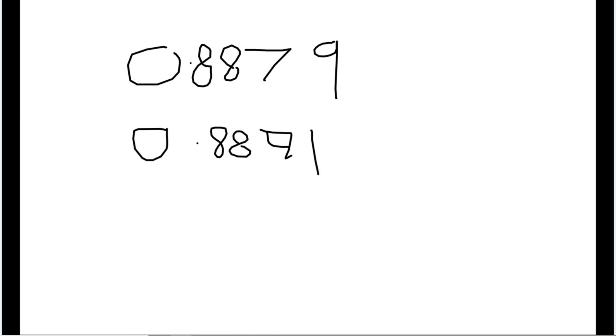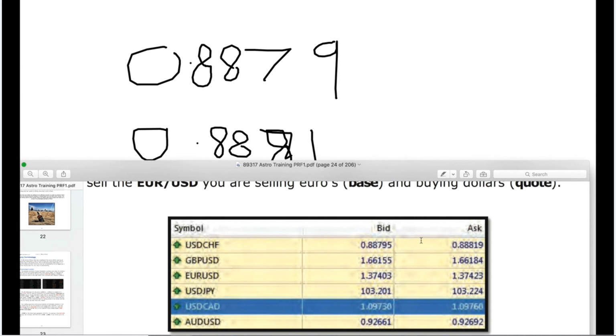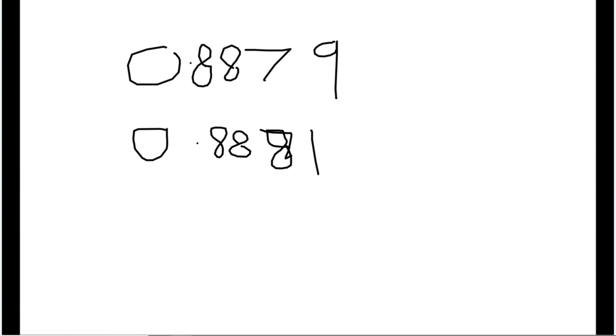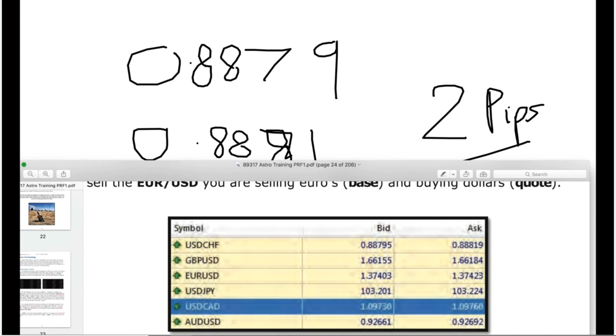Right, the fifth decimal here I've ignored again, I've just explained why. So we want to go 1, 2, 3, 4. If we go from 79 to 81, simple maths, it is a difference of 2 pips.